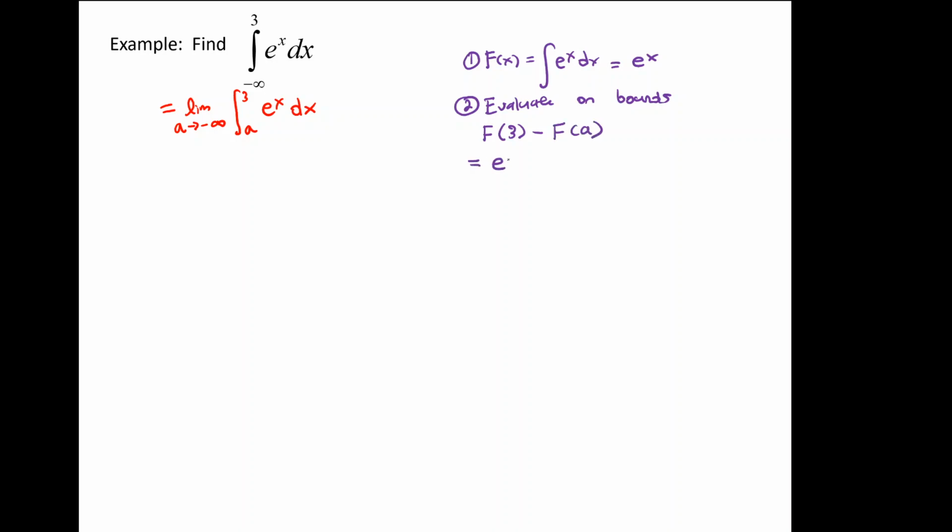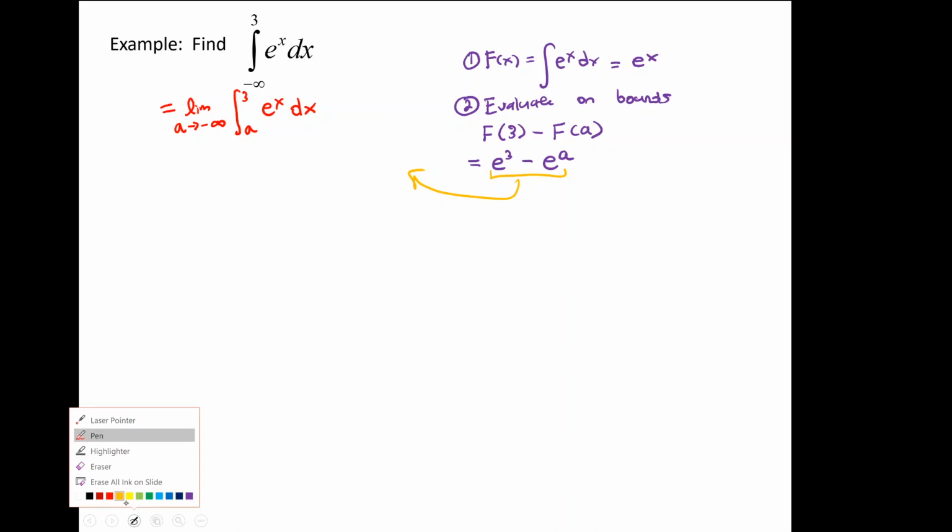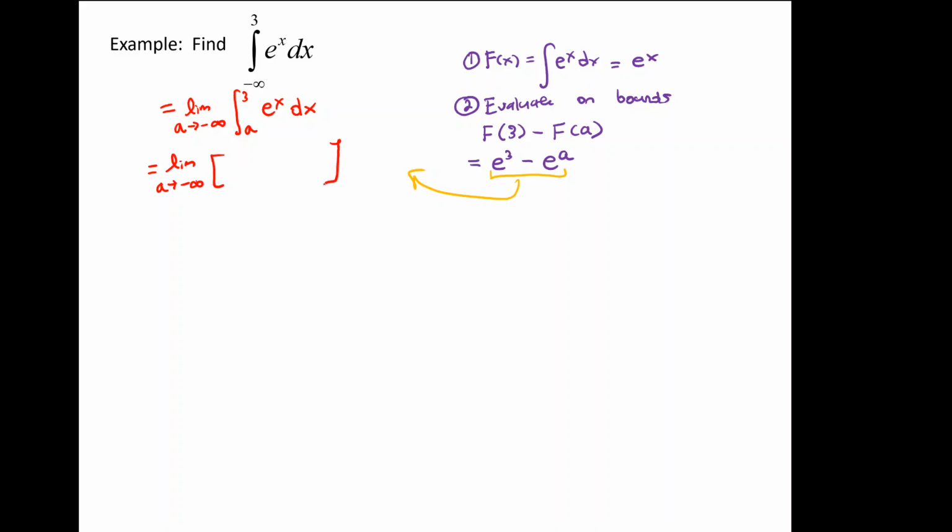And that's going to be e to the 3 minus e to the a. And I'll take that result and plug it in over on the left-hand side. So we have limit a approaches minus infinity, and that integral is now going to be replaced by e to the 3 minus e to the a.